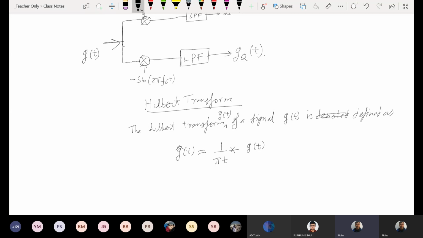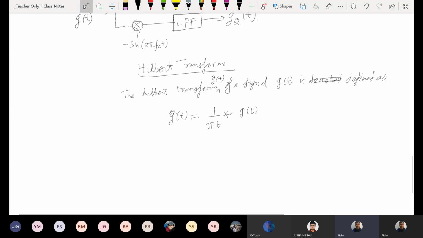So this G hat(t) is the Hilbert transform of the signal g(t). Fine, just take this definition.